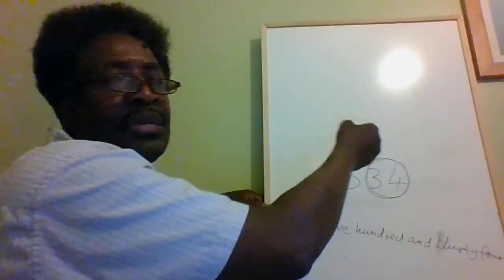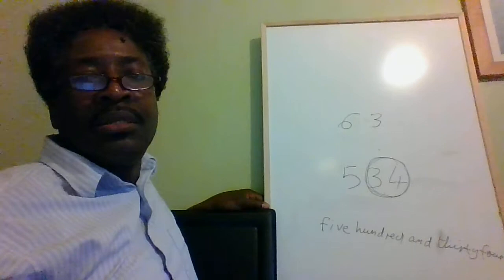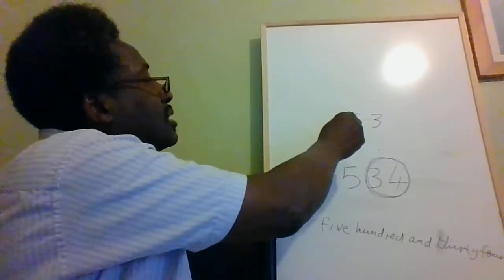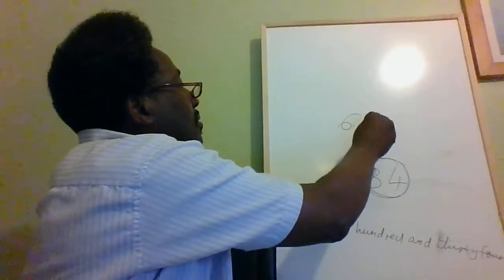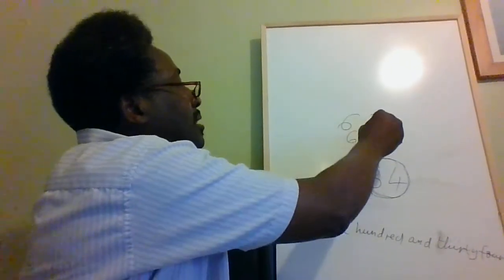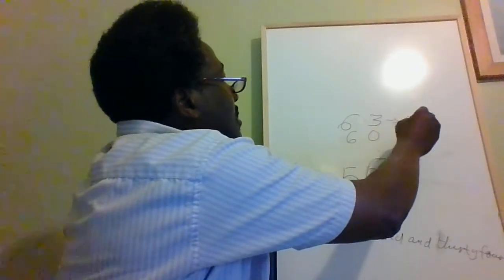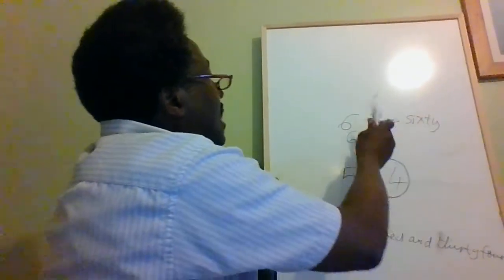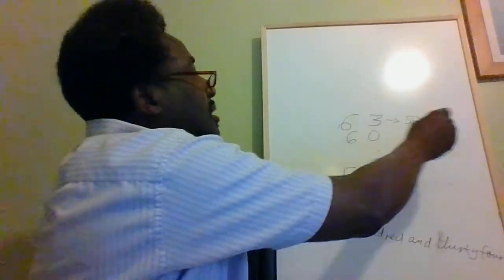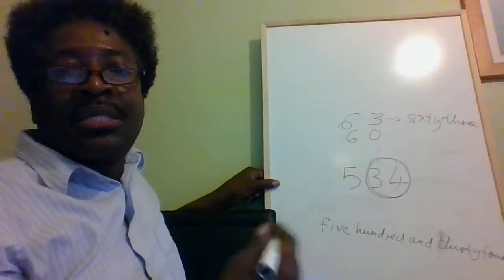Let's even go to 2 digits, 6 and 3. If you take that 3 and make it a 0, that's 60. So you write 60. And this digit of 3, 63. You don't say 60 and 3, you say 63.